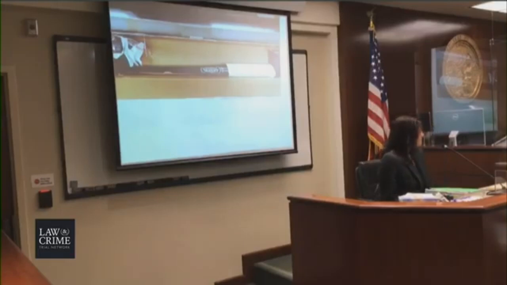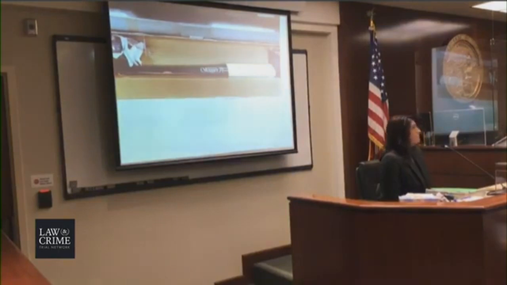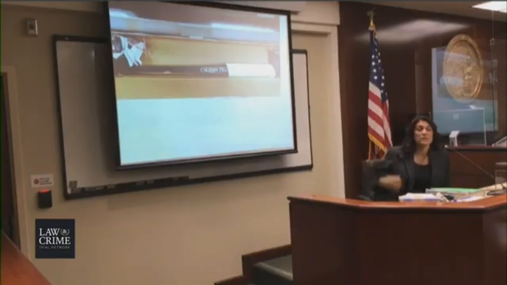Now showing you People's 202. The bat that you see in the box here has a wrapping around one end. Do you see that? Yes. Do you know what the purpose of that wrapping is for? There was some biological material on that end of the bat, and that paper, I believe, was placed around that to protect those materials.